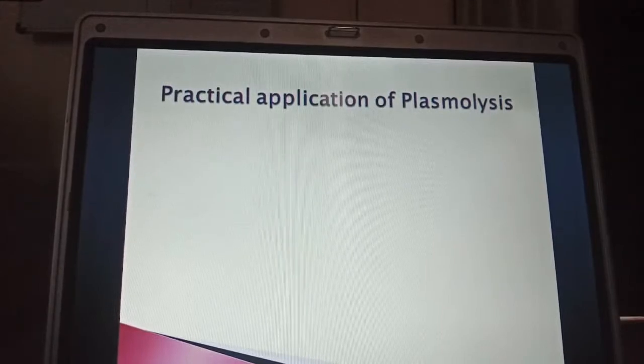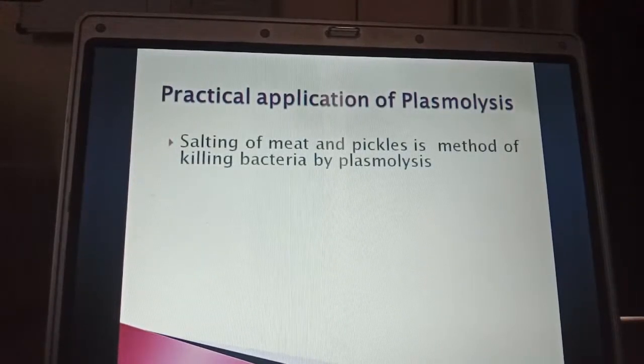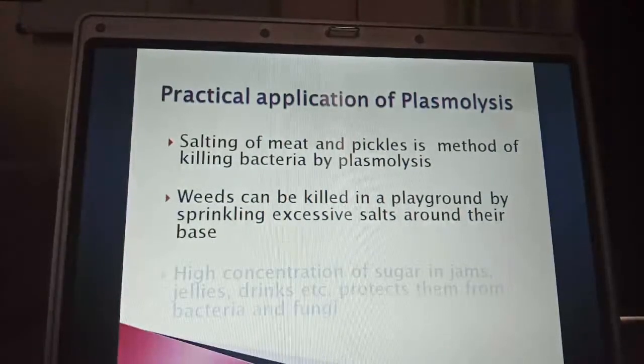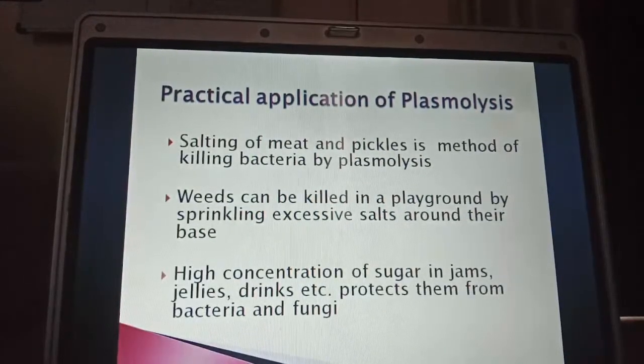Practical application of plasmolysis. Salting of meat and pickles is a method of killing bacteria by plasmolysis. Weeds can be killed in a playground by sprinkling excessive salts around their base. High concentration of sugar in jams, jellies, drinks, etc. protects them from bacteria and fungi.